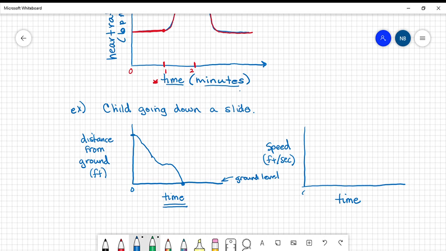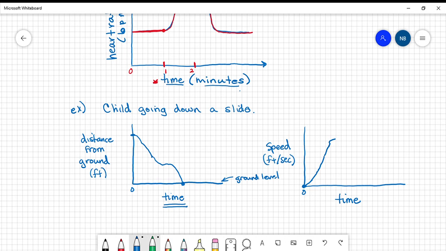At time 0, the child is sitting at the top of the slide and they're not moving. So at time 0, we have speed 0. Then the child pushes themselves forward, which increases their speed slightly. Then their speed increases rapidly.